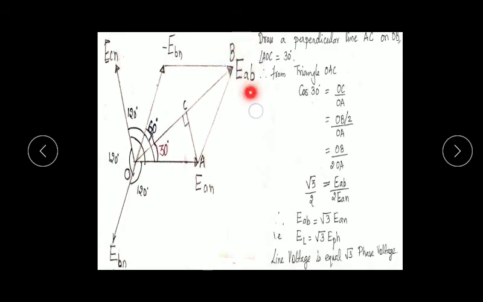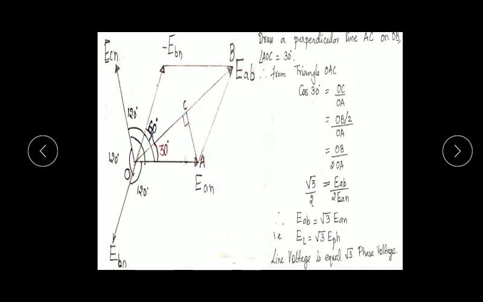It is EAB. So join these two. Now from here you join one line. Name this as EAB. So EAB is what? EAN minus EBN. Now draw a perpendicular line AC on OB. We are going to draw a perpendicular line AC on OB.